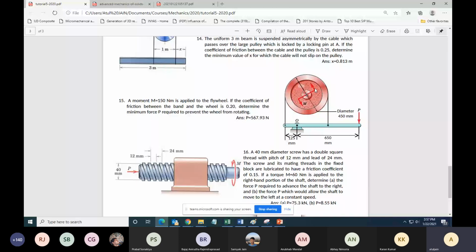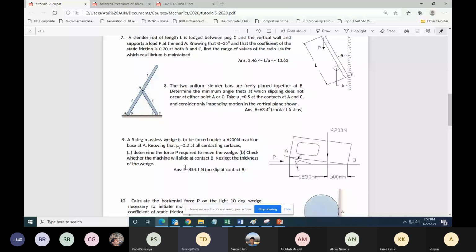I have a question about question 9. I solved all the equations, but the answer of P I'm getting is different. I'm getting 872.62, not according to the answer that they have given. That's what we discussed in the class also.